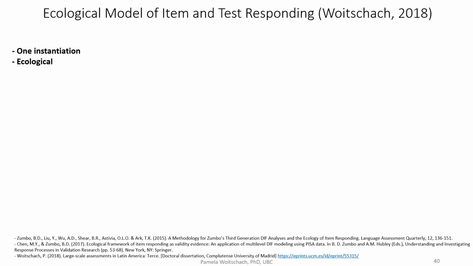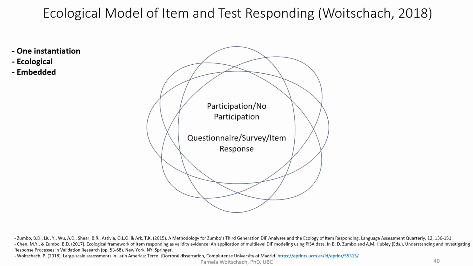In this case, more specifically, the survey situation. In contrast to Bruno Zumbo's ecological model, the model presented here is not only interconnected, but also embedded, as most of the characteristics are in relationship with each other. Let's now unpack this model.